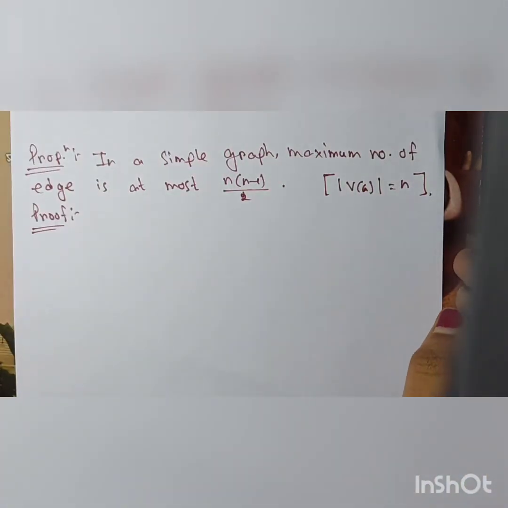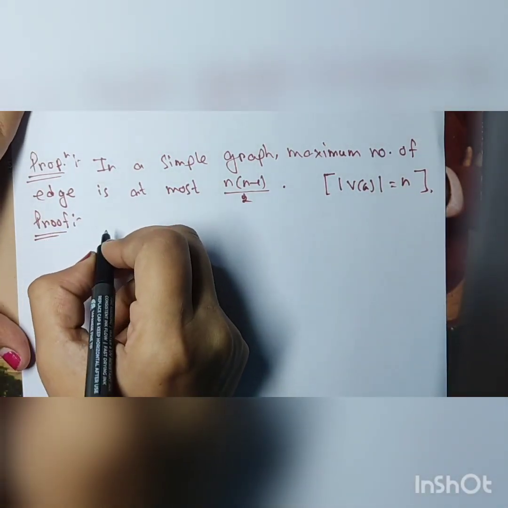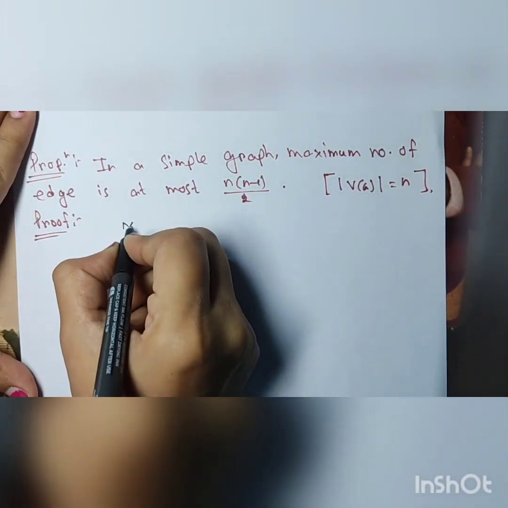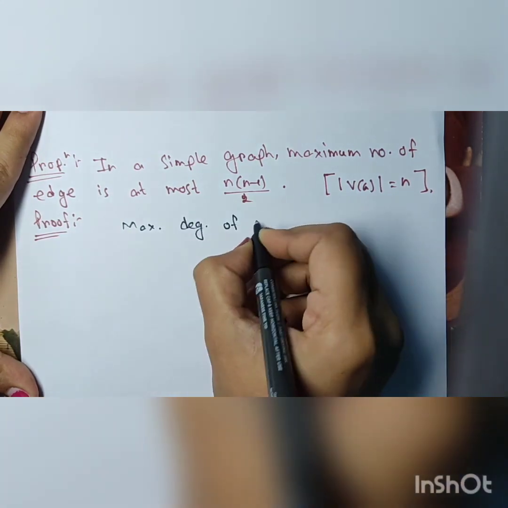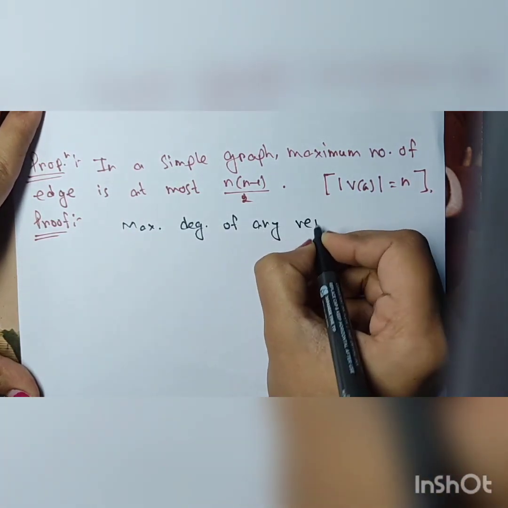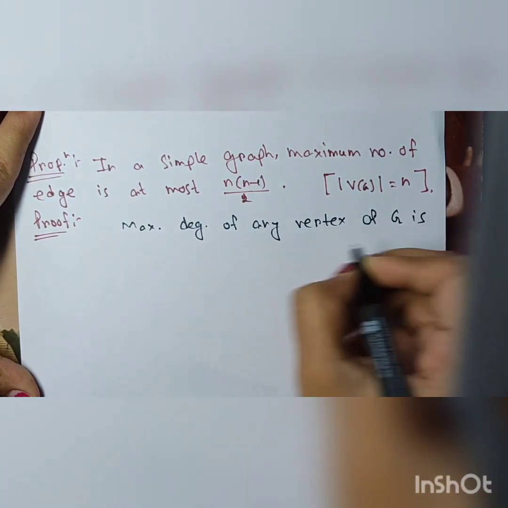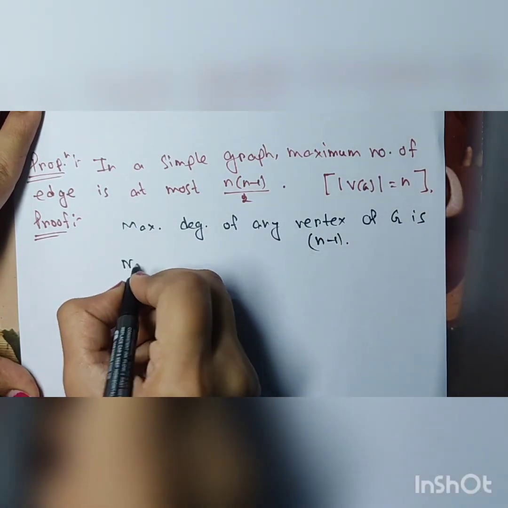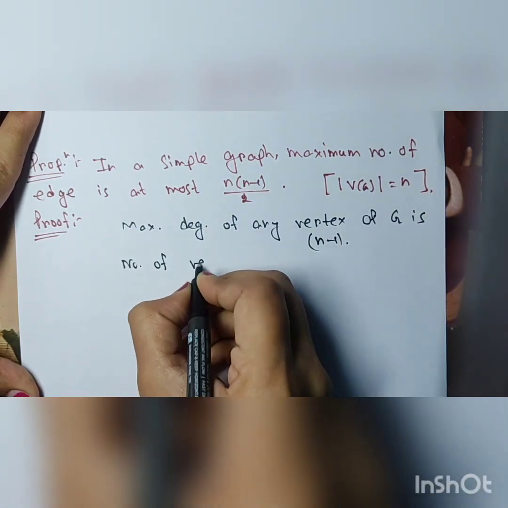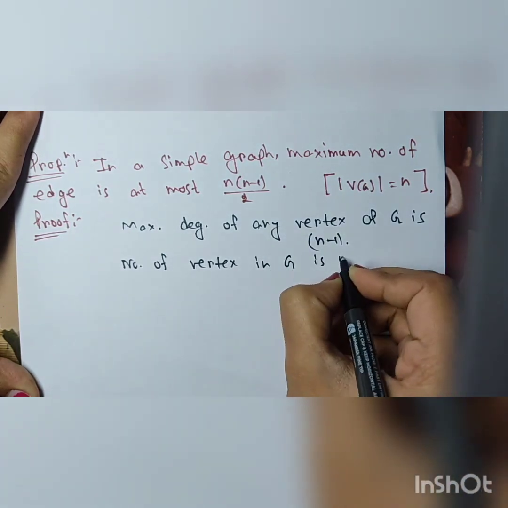So the maximum degree of any vertex of G is n minus 1, and the number of vertices in G is n.